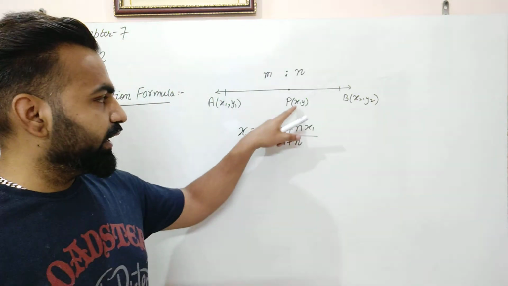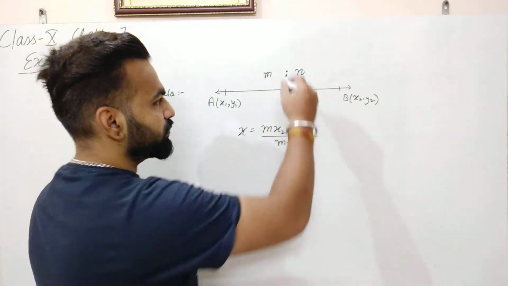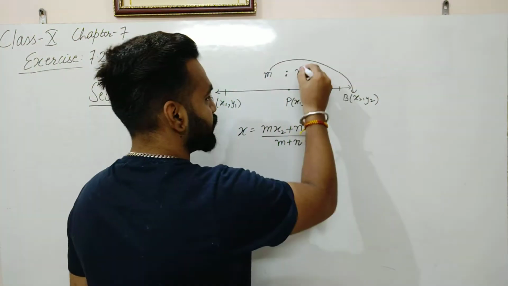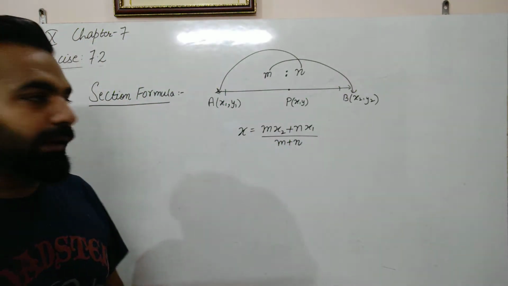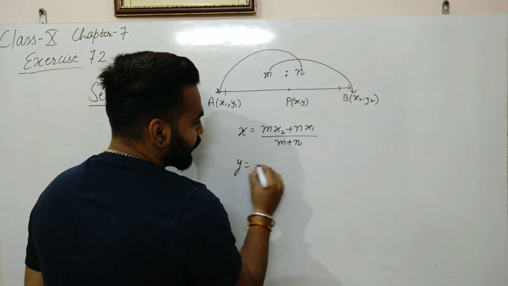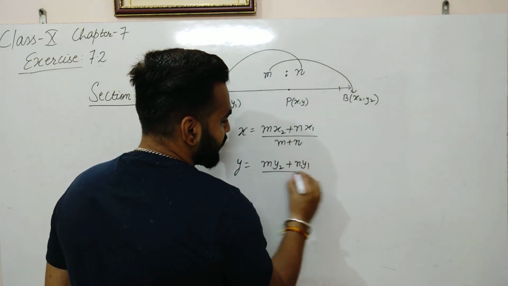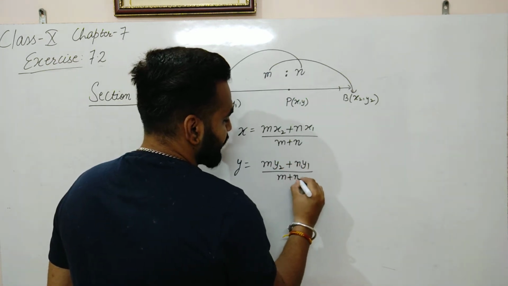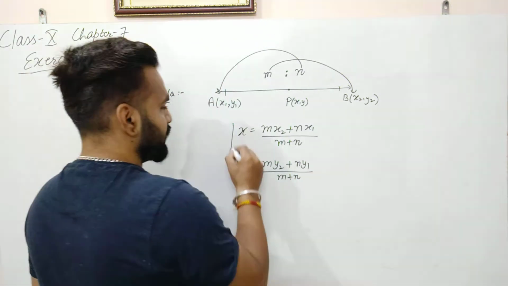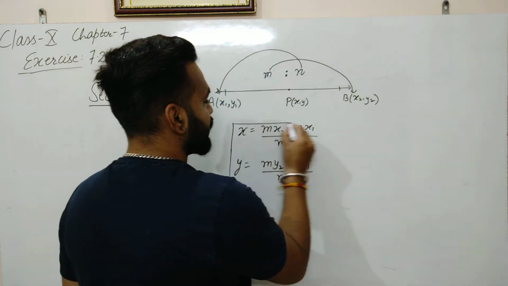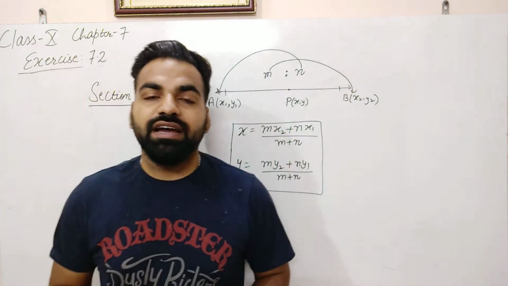The x coordinate of point P is equal to m into x2 plus n into x1 upon m plus n. Similarly, y is equal to m y2 plus n y1 upon m plus n. So this is the formula called the section formula to calculate the coordinates of the point P which divides the line into m/n.